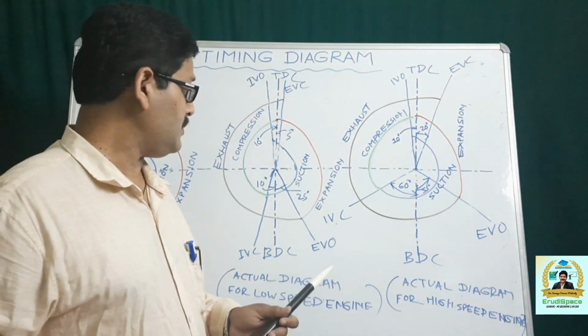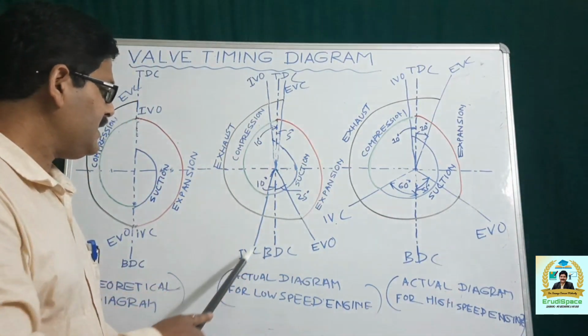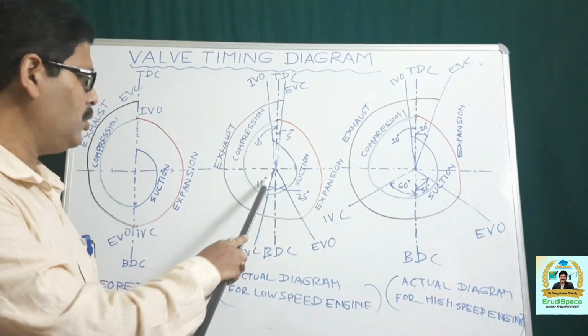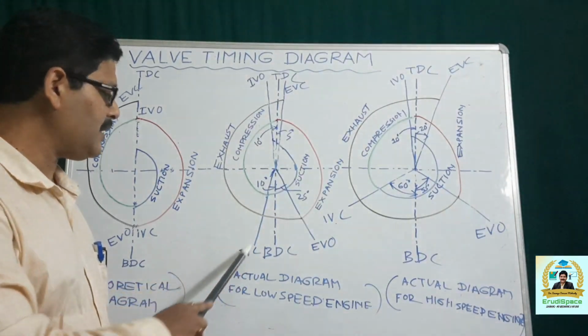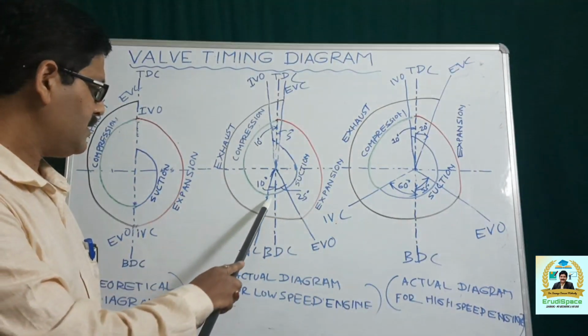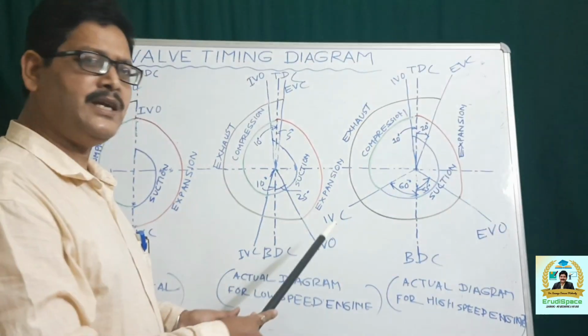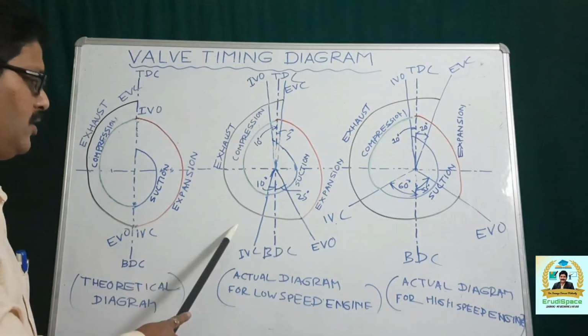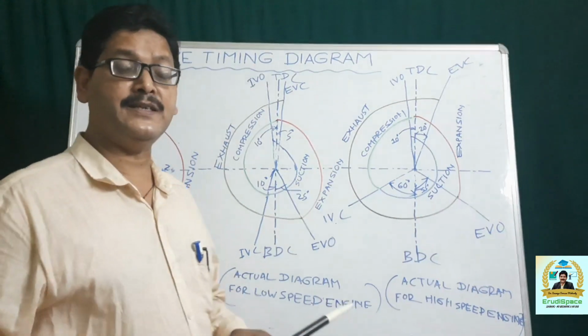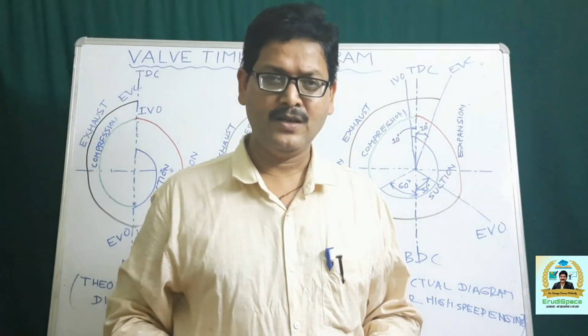Now, you can see the inlet valve is closed few degrees after the dead center, both in case of low speed engine as well as high speed engine. Why this is happening?